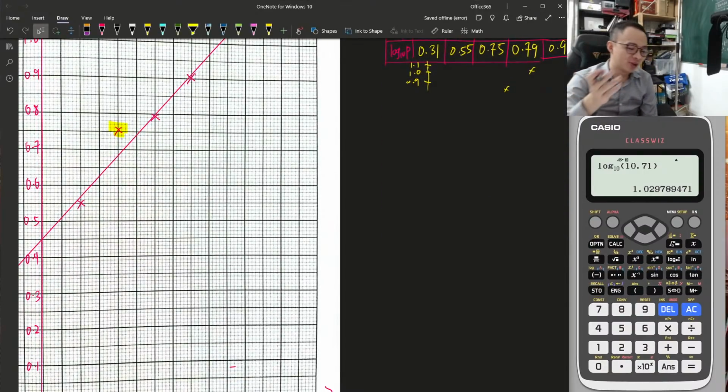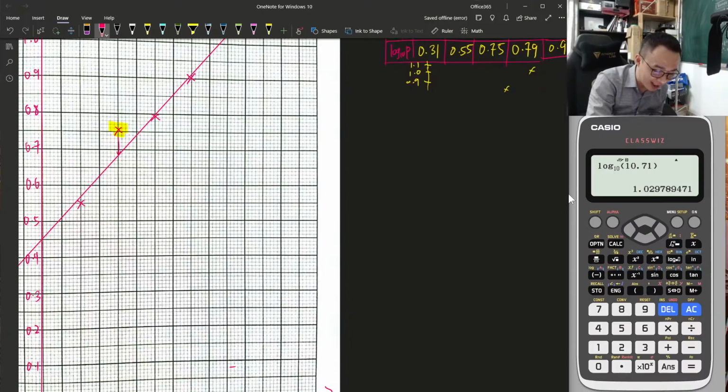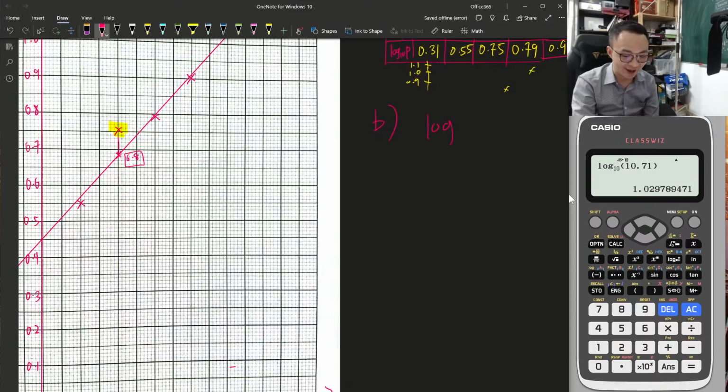Therefore, I will move this point vertically down to the line, which I will assume is somewhere about 0.68. So the log 10p is about 0.68.